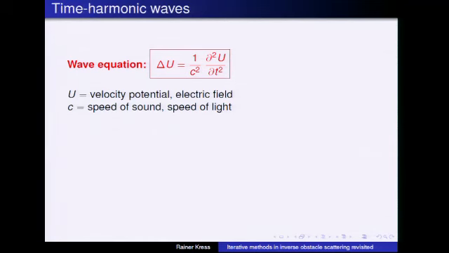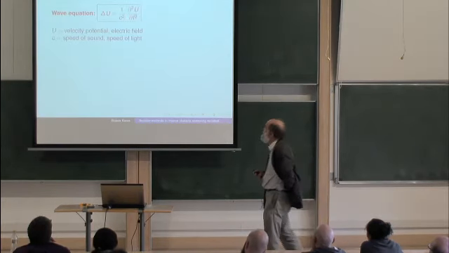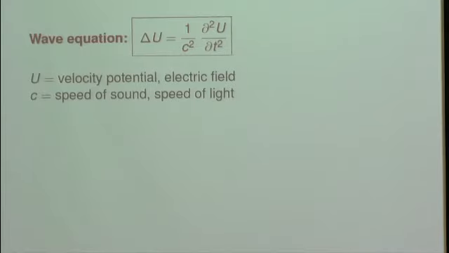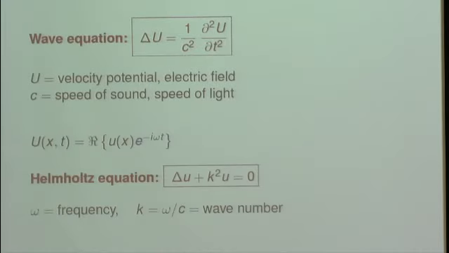So we have to start with a wave equation, a classical wave equation with a constant speed of sound if you talk about acoustic waves, or speed of light if you talk about electromagnetic waves in a scalar modeling, and U is the velocity potential or a representative of the electric field. And time harmonic waves have the time dependence factored out in a periodic way with a factor e to the minus i omega t, where omega is the frequency.